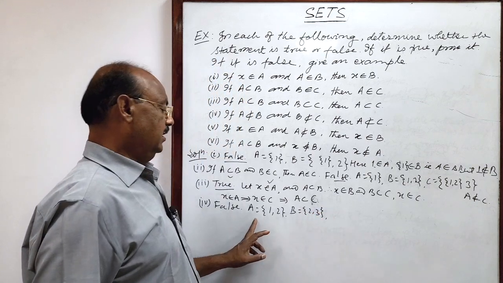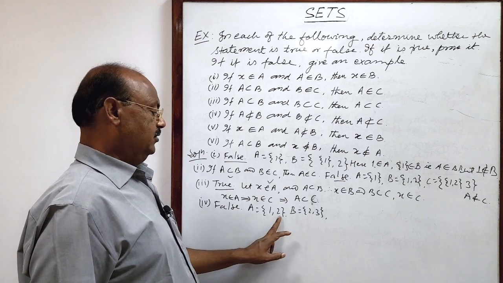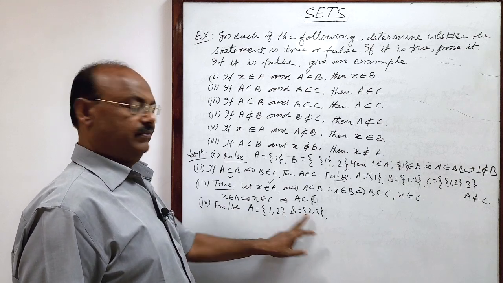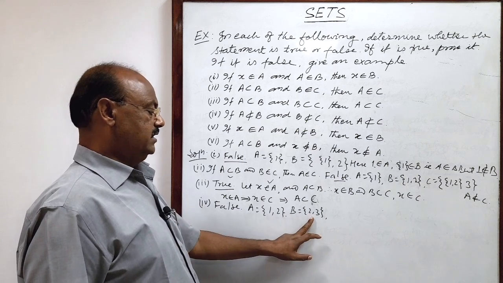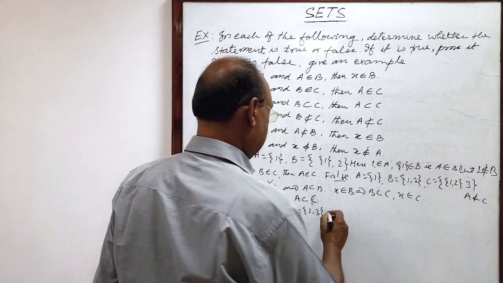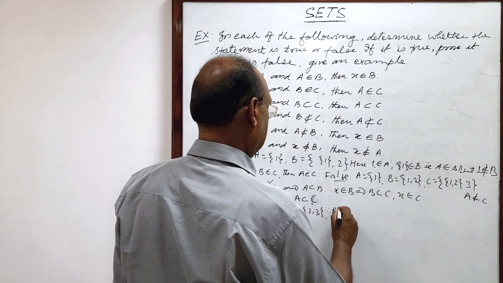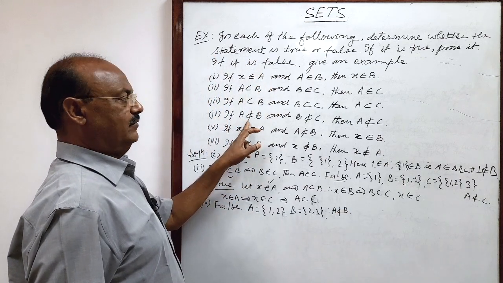Clearly A is not a subset of B, because 1 and 2 must be in set B if A is a subset of set B. Here 1 is not in set B, that's why A is not a subset of set B.